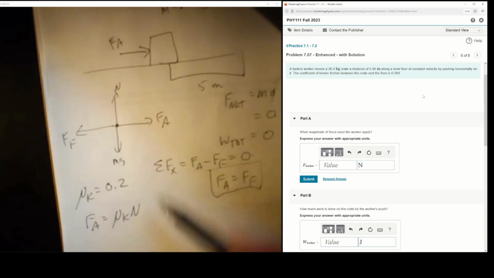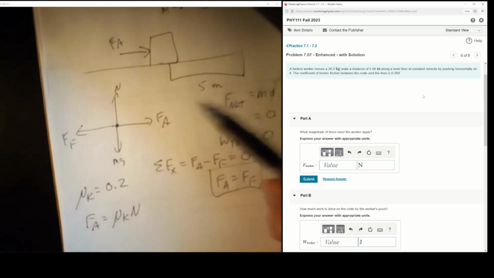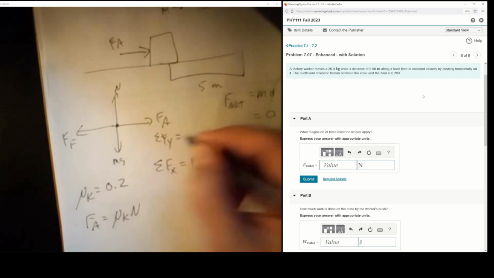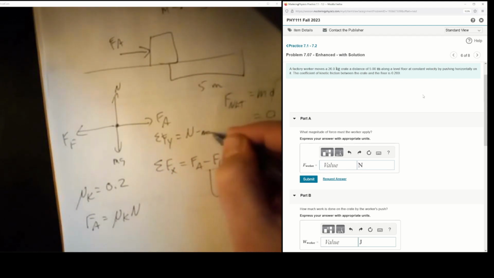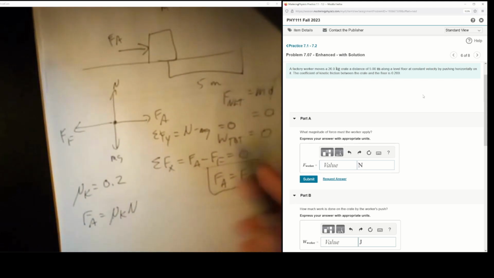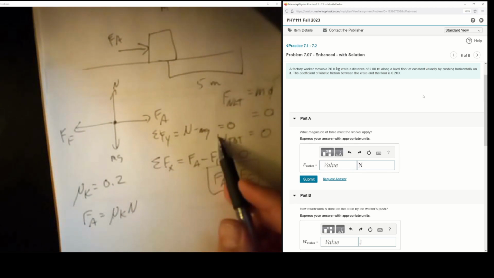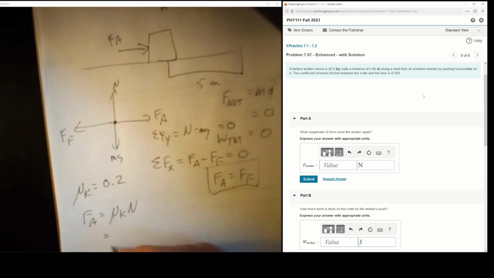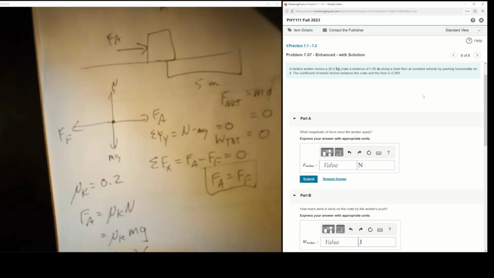The normal force, we look back to our free body diagram, in the y direction is just normal up, mg down, and that equals 0 since it's not moving up or down, which means the normal equals mg. And so we have mu k, and the normal force equals mg. And if we look, they are telling us these numbers. That's 0.2. The mass, 26.